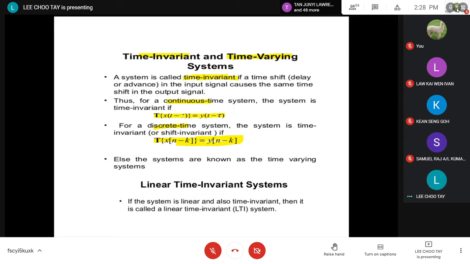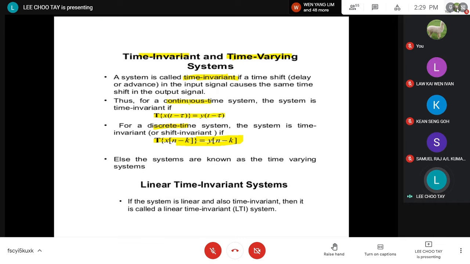I shift the input by an amount of tau. So I put it into the system, and the output is a shifted version of the output when t is 0. I just shift it by the same amount tau. So again, this is a shifting property.